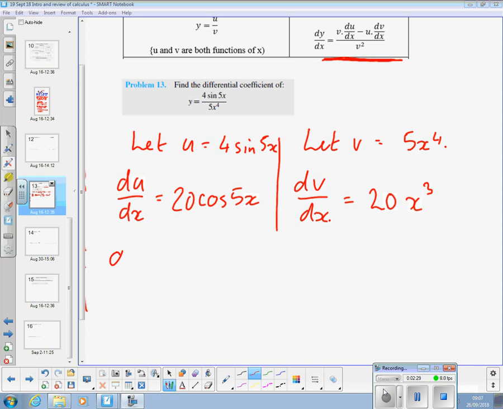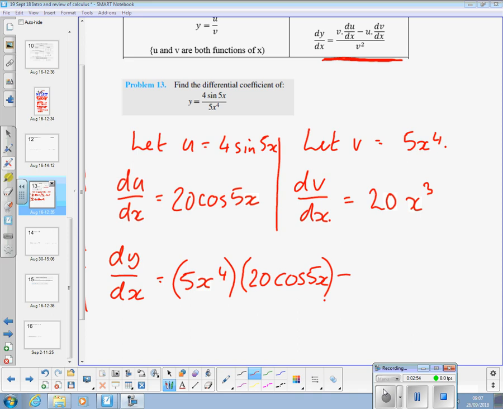dy by dx is equal to v, which is 5x to the 4. Remember, it's worthwhile putting each term in brackets to start with. Multiplied by du by dx, 20 cos 5x.